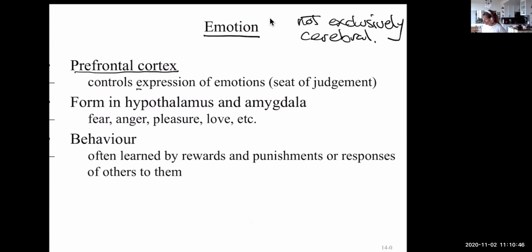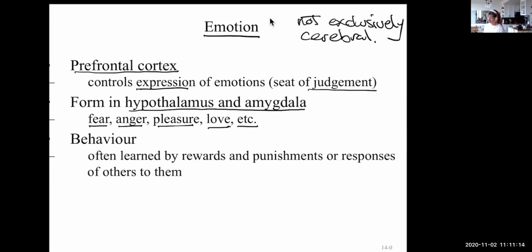It controls expression, so judgment: in which situations should emotions be expressed? And in the hypothalamus and amygdala, emotions are formed. Emotions like fear, anger, pleasure, love, etc. Those kinds of emotions are formed there.